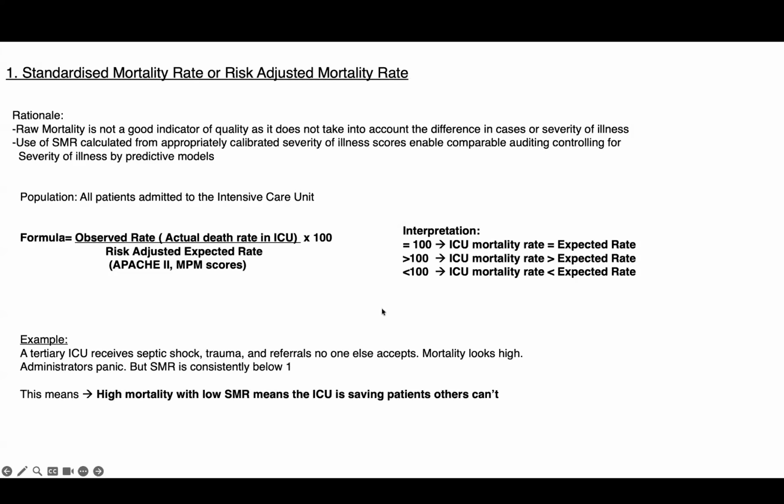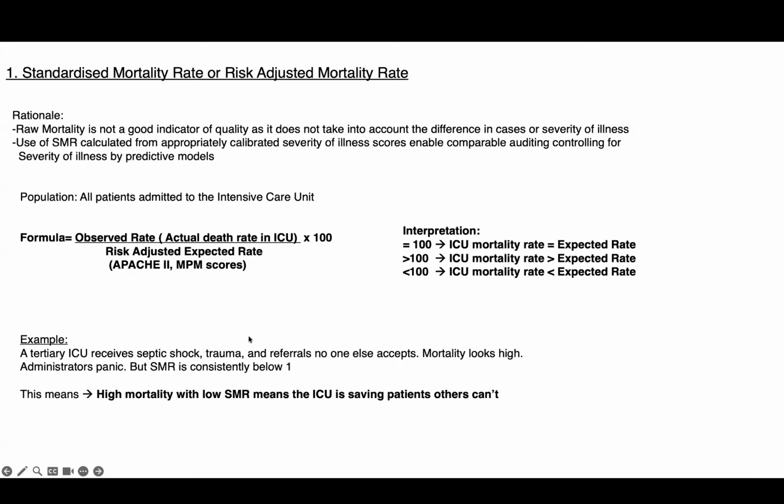So for example, a tertiary ICU receives patients with septic shock, trauma, and referrals no one else accepts. The mortality rate looks high. If you look at the raw mortality, it is very high and it will show very poor on the ICU. But that will cause the administrators to panic.